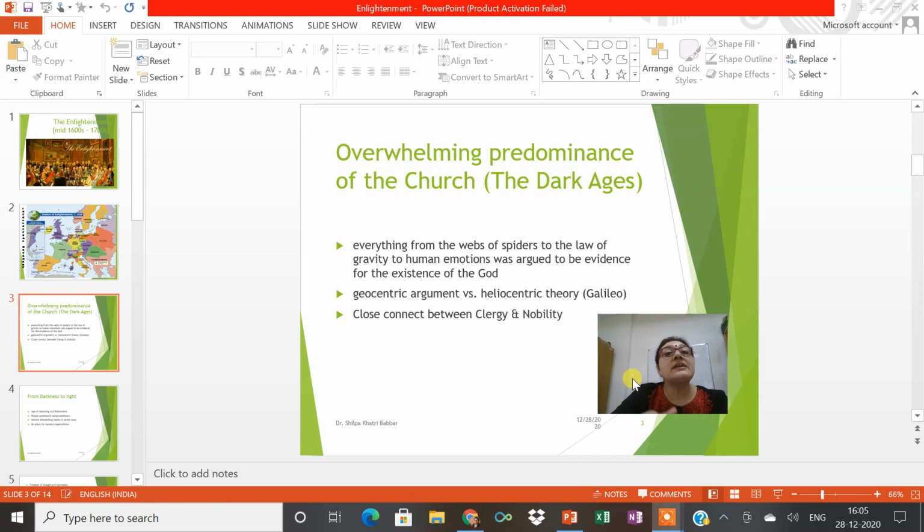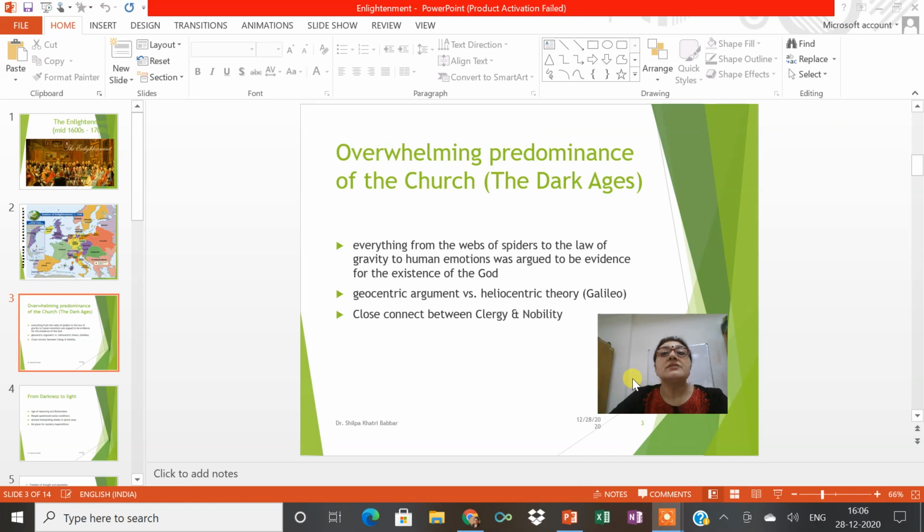It is the sun and the planets which are revolving around the earth, and the earth is stable. Why? Because the Lord is living on this particular earth.